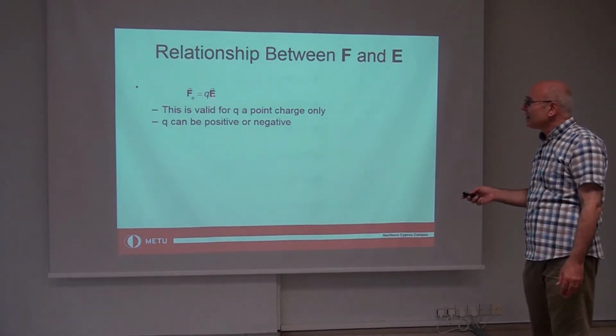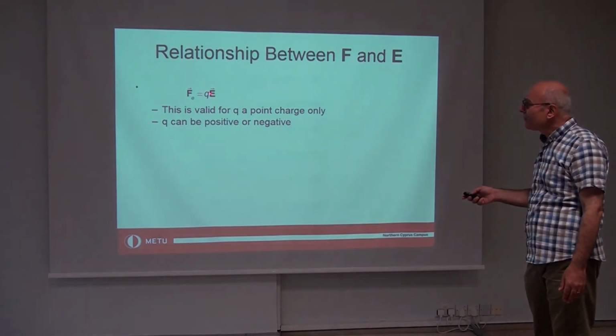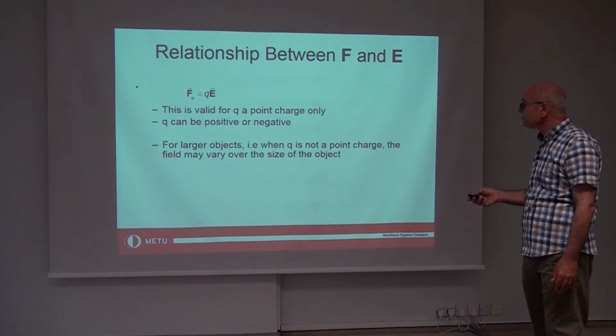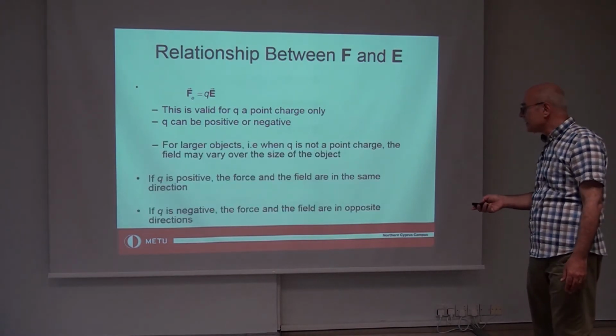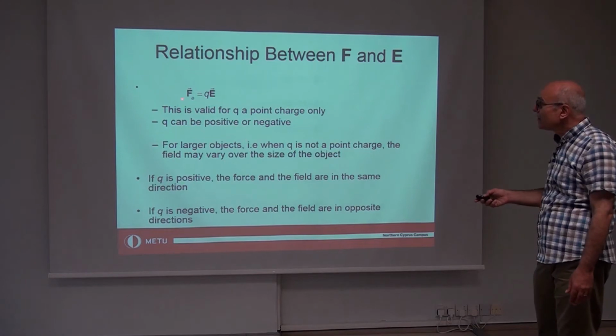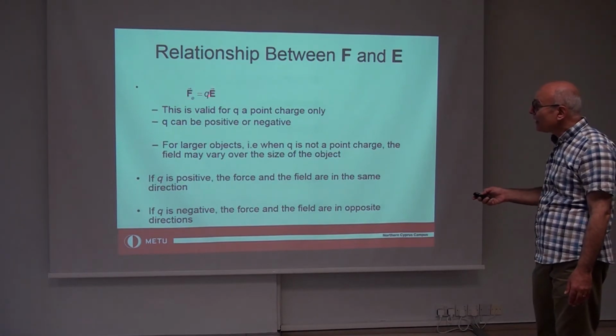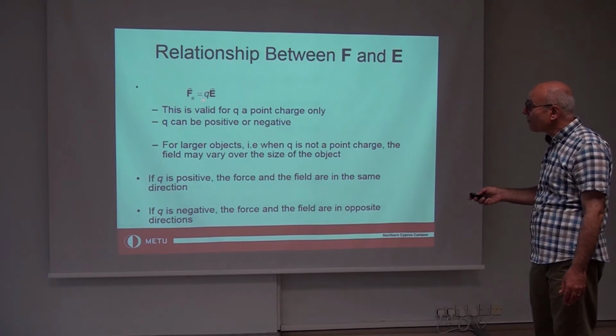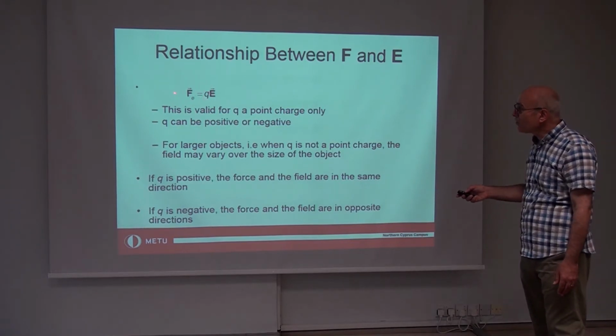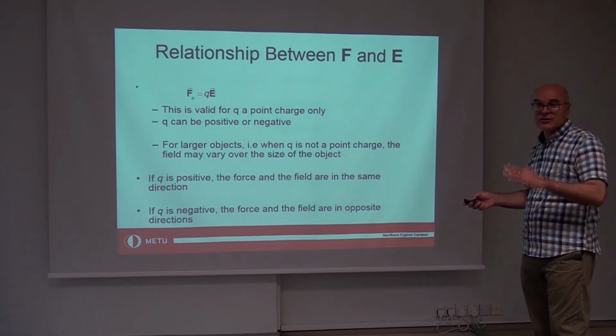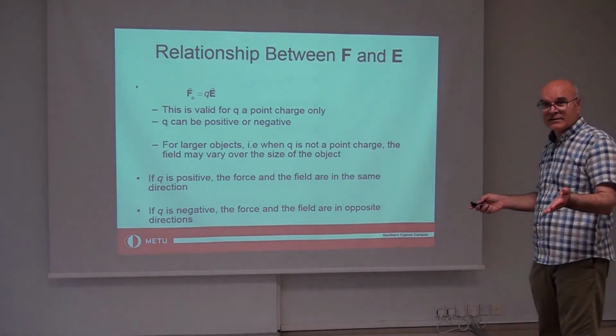So if Q is positive, then you are multiplying the electric field, this vector, by a positive scalar, so the force will be in the same direction as the electric field. Okay?